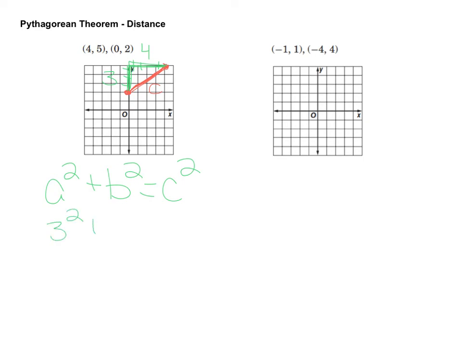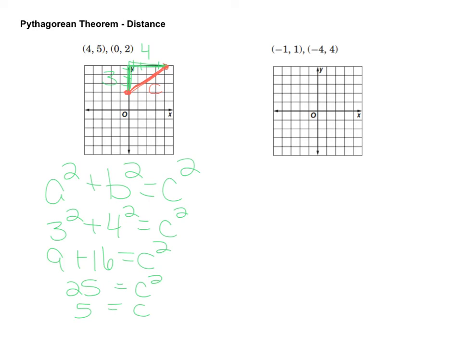I get 3 squared plus 4 squared. This one's exact, and we get 5. We should be familiar with those numbers, right? 3, 4, and 5. We did those with our Cheez-Its, and we've seen those numbers come up before, okay?